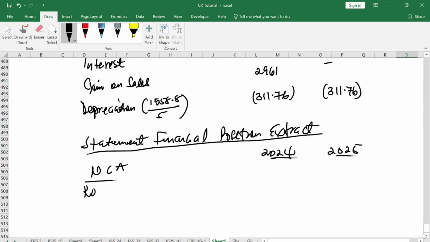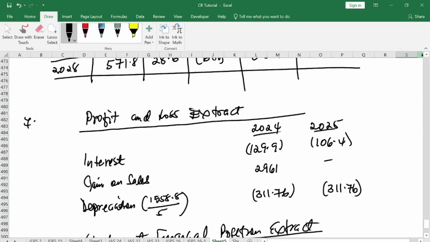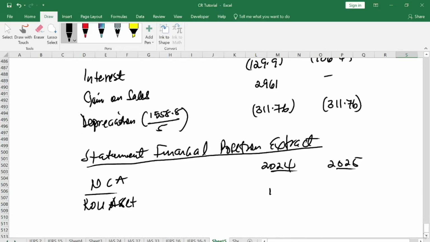For the right of use asset in year 1, you have 1558.8 minus depreciation of 311.76, which gives you 1247.04. Less depreciation for year 2, 311.76, gives 935.28.